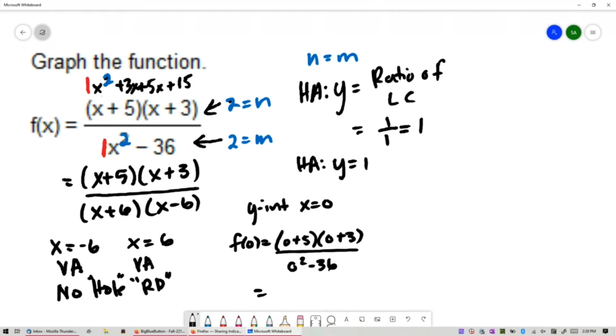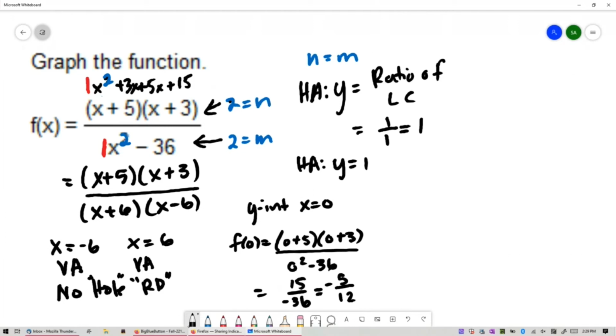So that is going to be 15 over negative 36. And we can reduce that. 3 goes into both of those. 3 goes into 15 5 times. 3 goes into 36 12 times. So we get negative 5 over 12.